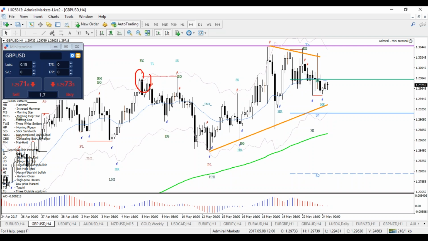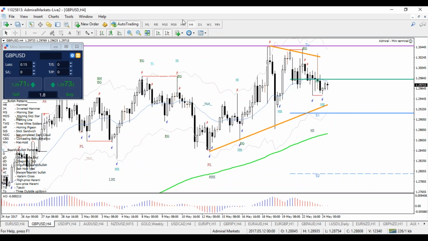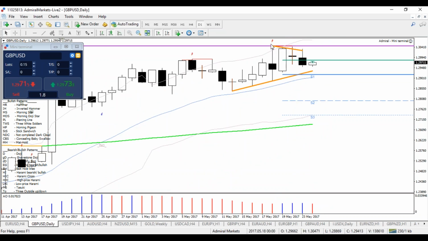But other examples could be here and here and here and here. Those are bounces within the Keltner on this 4-hour chart. On the daily chart, we have a bearish candle from a few days ago.